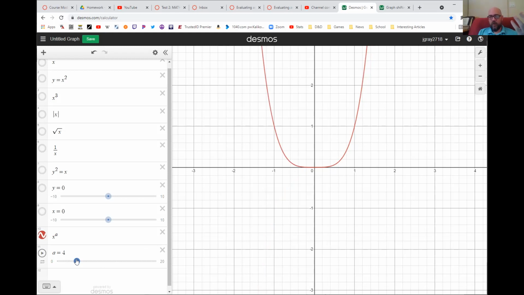I'm doing -2 to the fourth. Well, now I have 4 -2s. I have 2 pairs, so 2 positives make a positive. So basically, when you have an even power, all the negatives cancel. When you have an odd power, you've got 1 negative left over. So that means when I put in a negative number, I get out a negative number as opposed to a positive number. But that's the only change, really.